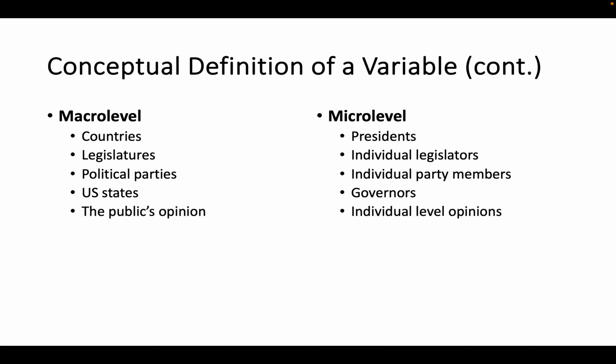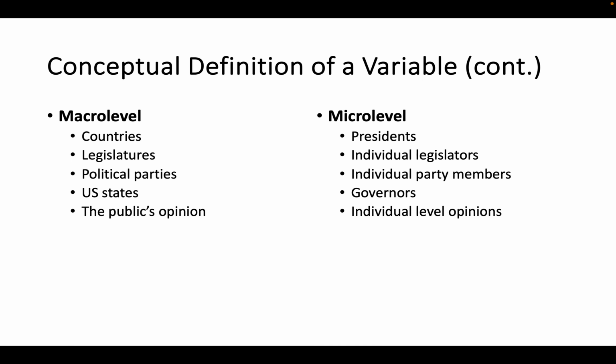Political parties exist at the macro level, or groupings of like-minded individuals in terms of support for a certain set of policies, or a certain value system, or both. U.S. states exist at the macro level. They are aggregates of people who live within a defined space and who are also organized perhaps at the sub-state level, counties or regions or cities or towns.